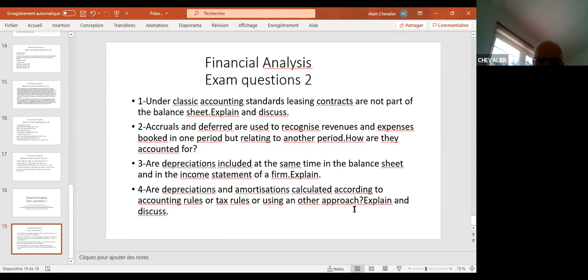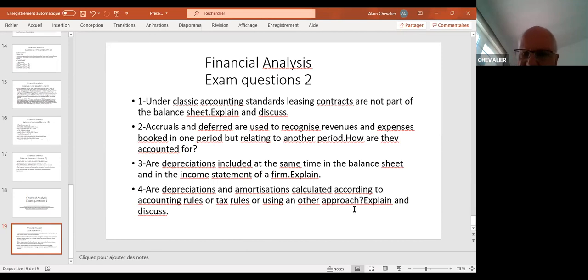You can have situations where, for example, an equipment is paid in advance in the month of December, and in fact, the invoice and the delivery of the equipment will be done in February the year after.